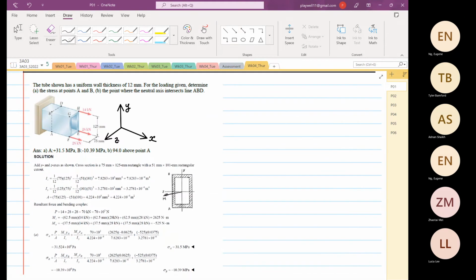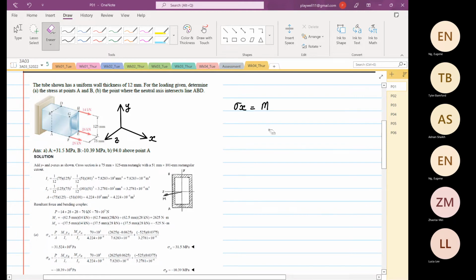Why? Because the formula states that stress sigma x is equal to P over A. Before we go any further, this is a case where you have eccentric, unsymmetrical bending.